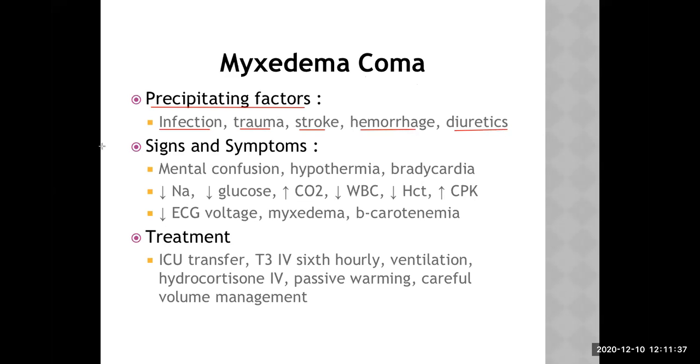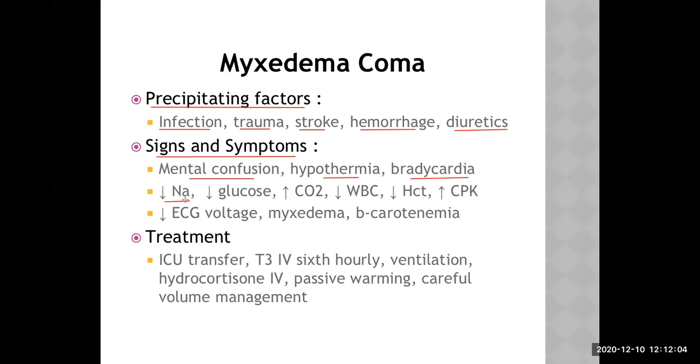Regarding the signs and symptoms of Myxedema coma, the person may be mentally confused. This is a feature of hypothyroidism also. So in case of Myxedema coma, it is even more serious. Hypothermia and bradycardia. See that, nothing new. Apart from them, there is electrolyte imbalance. There is decreased sodium.